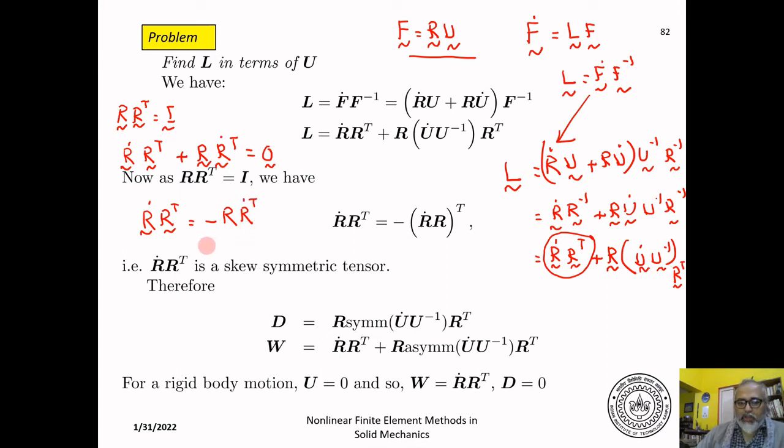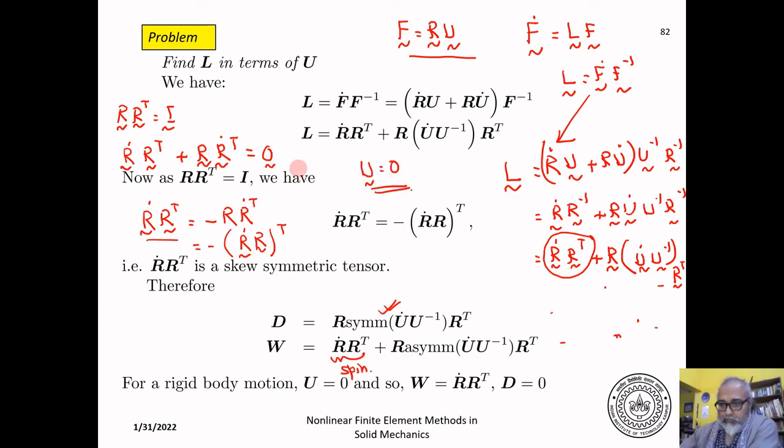But R transpose dot is simply the transpose of R dot, so R dot R transpose equals minus its own transpose. So this is a skew symmetric tensor. So this part is skew symmetric. So now when we take the symmetric part of L, this part doesn't appear and you get the symmetric part of R U dot U inverse R transpose equal to D. D is the symmetric part of L.